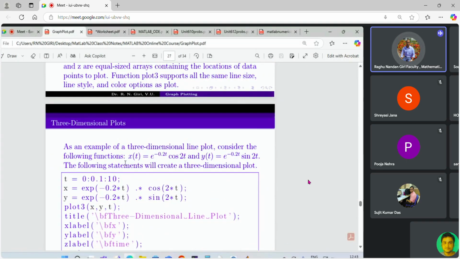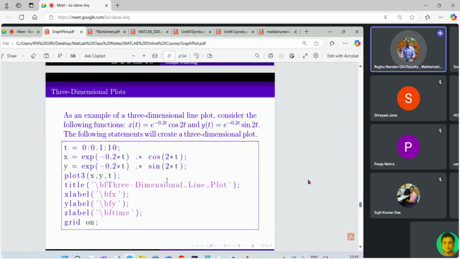See, there is a function x(t) equal to e to the power minus 0.2t cos 2t, and y(t) equal to e to the power minus 0.2t sin 2t.